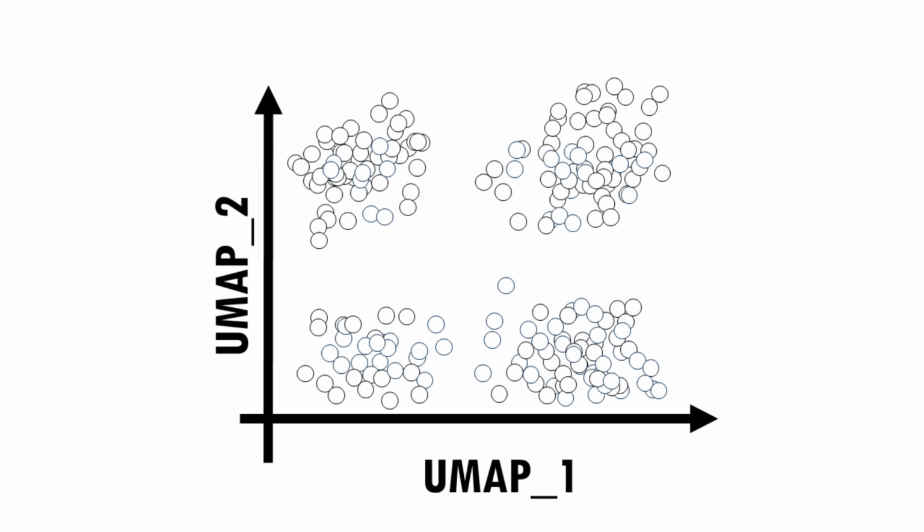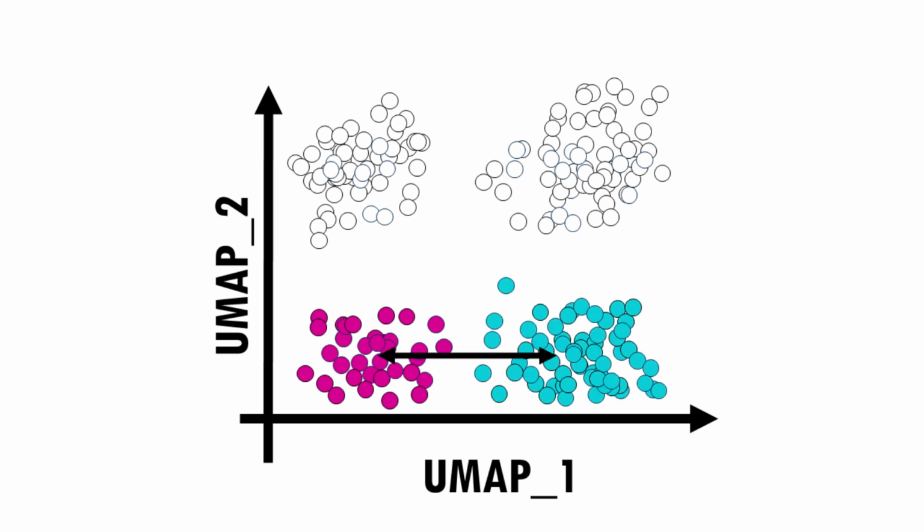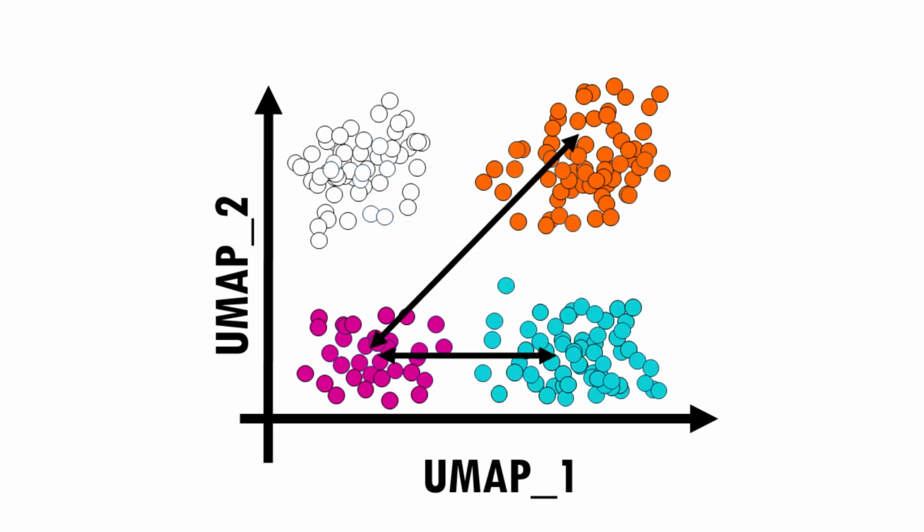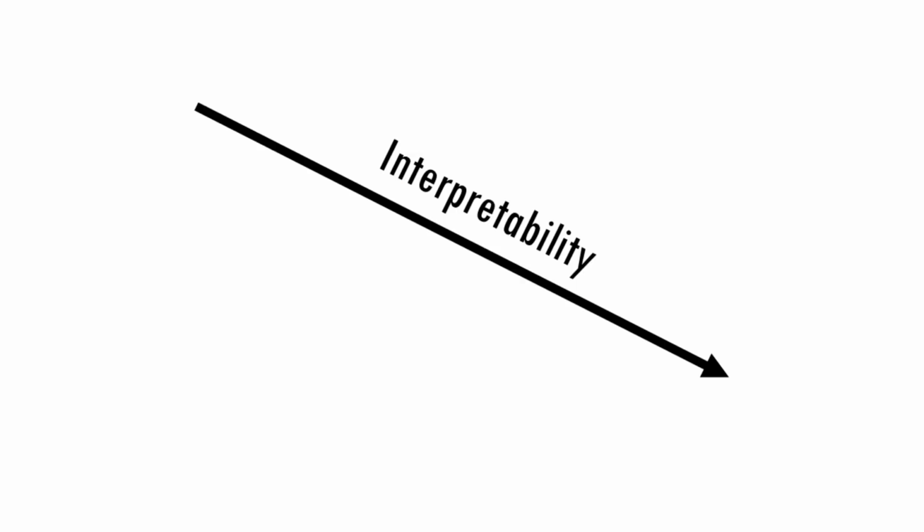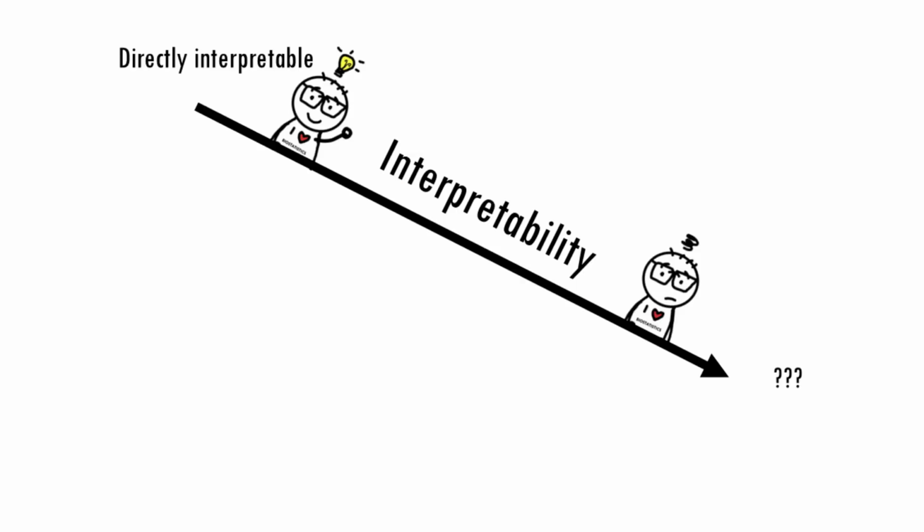So even when we're preserving more of the global structure with UMAP than with t-SNE, it does not mean that this pink cluster is twice as related to the blue cluster than to the orange one. To sum up, in a UMAP plot, relations between clusters are potentially more meaningful than in t-SNE, but they're not directly interpretable like in a PCA plot.